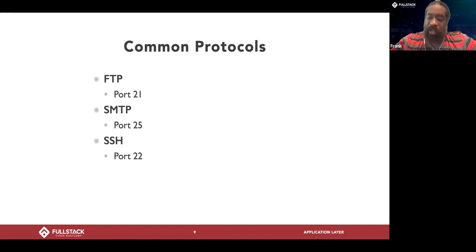SMTP, Simple Mail Transfer Protocol, is one of the ways that emails move around. And then SSH, port 22. This is how you're going to do remote desktops on Linux systems. This is the default, the gold standard.